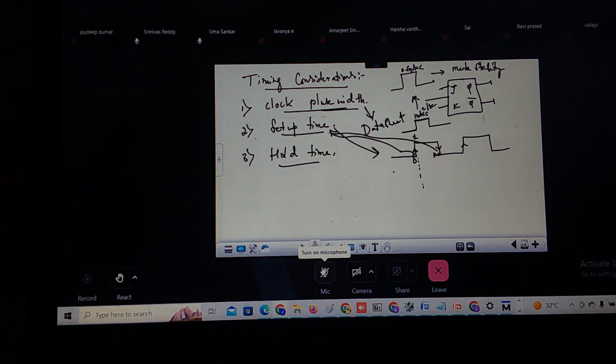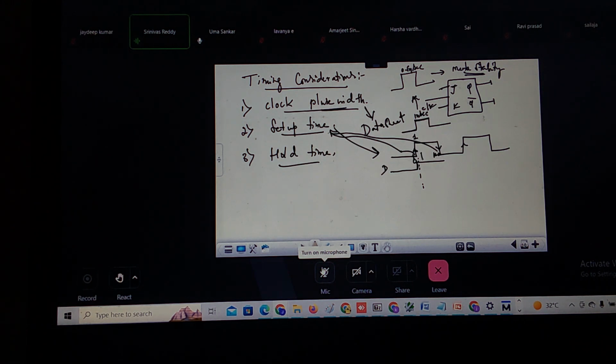If you are changing the D input of a D flip-flop during this setup time, again your flip-flop leads to the metastability problem. So the input data you are applying to the flip-flop should remain stable during the setup time and hold time.